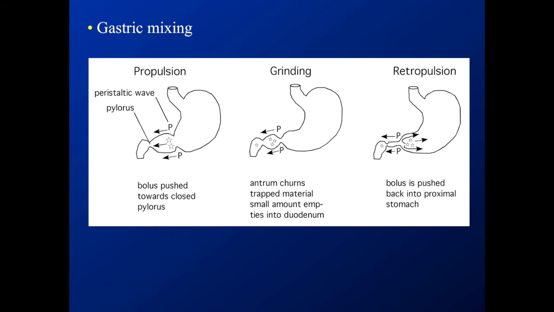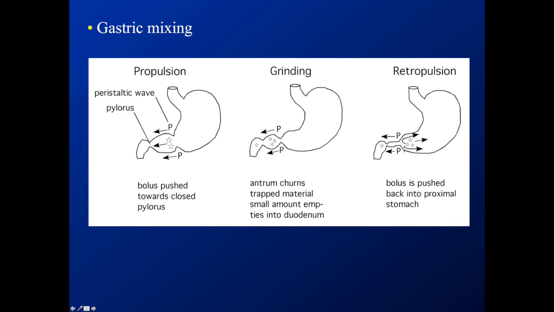You have propulsion, where a peristaltic wave starts at the top of the antrum and flows down towards the pylorus, and this will push the bolus towards the pylorus until it hits it, and then this peristaltic wave continues and grinds all the foodstuff into a paste, and this pressure also will empty some of the gastric contents into the duodenum.